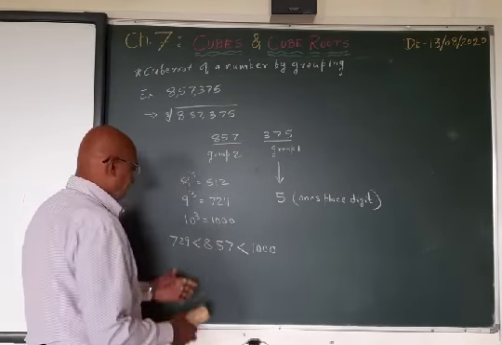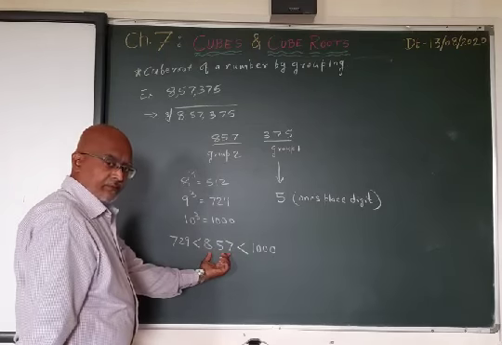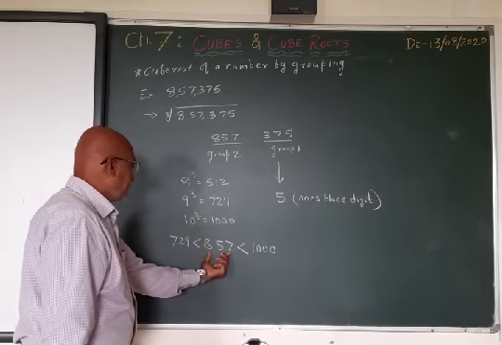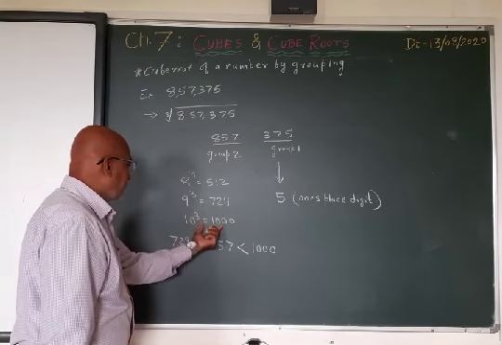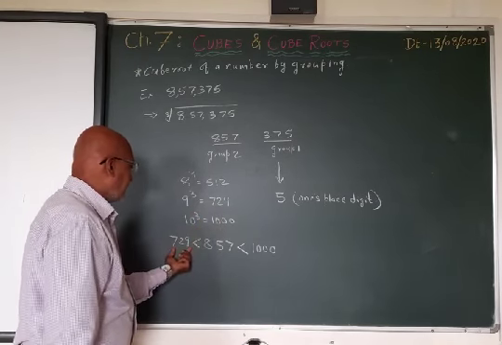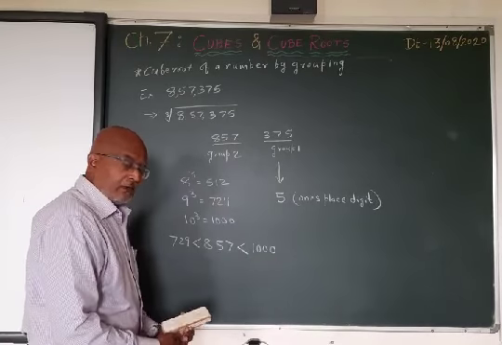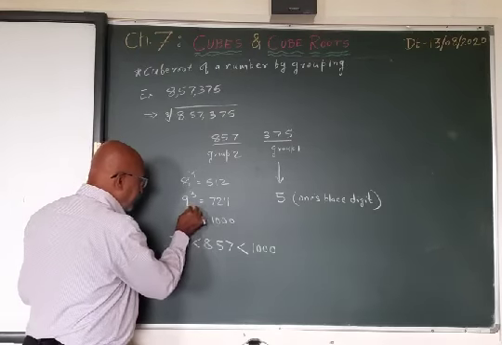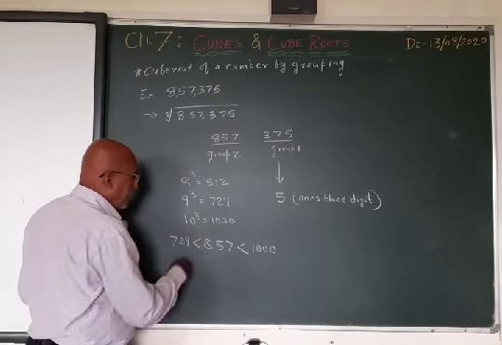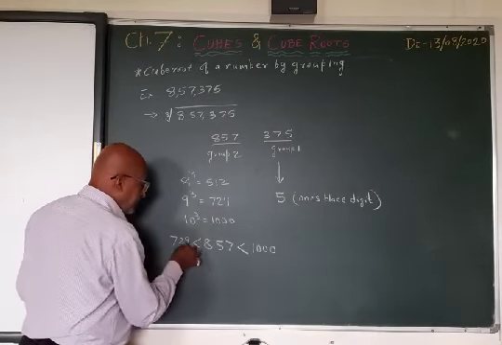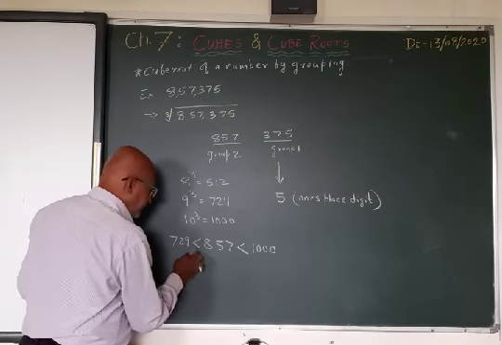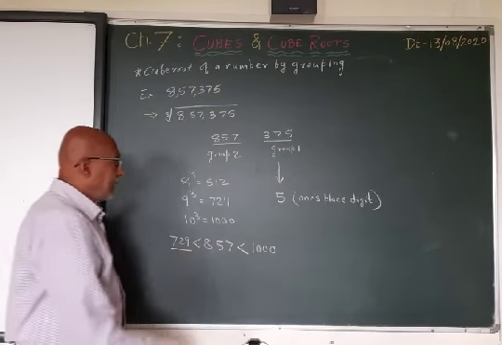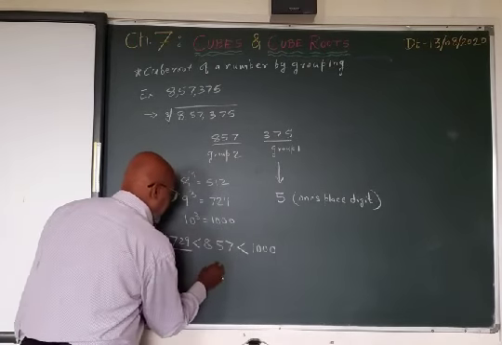It means that this number, the 3-digit number, comes between the two cubes of 9 and 10. This is 9 cube and this is 10 cube. So what we'll do is, we'll choose the lower cube than this number, and that will be taken as the second digit.